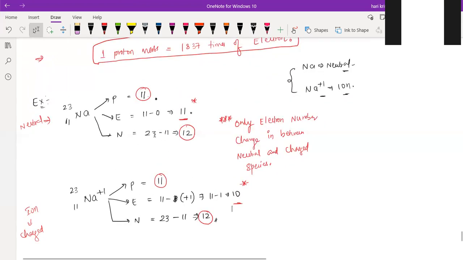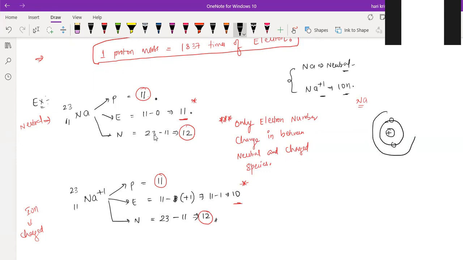Okay, so if you draw the structure of this atom, for the sodium, how will you draw it? Sir, the nucleus in the middle. First, we'll draw the nucleus. After that, the first orbit we'll draw with two electrons, the next shell we have to draw 8.